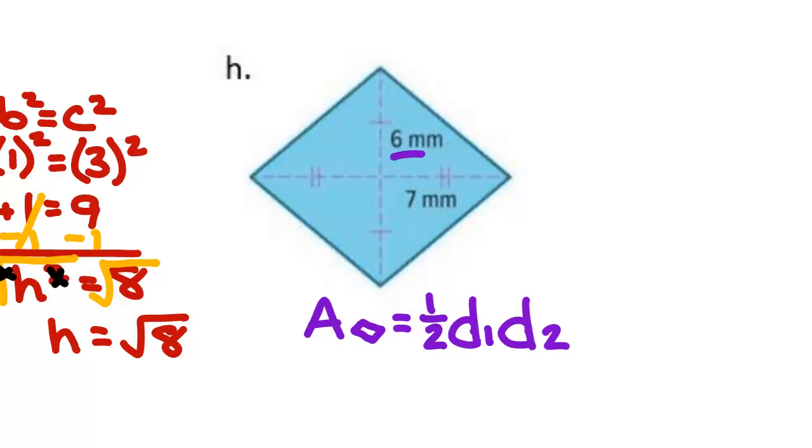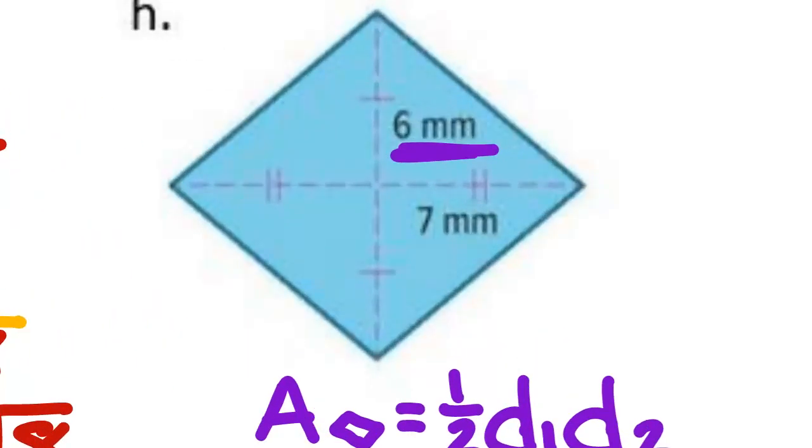But that's not what I have with this 6 millimeters and this 7 millimeters. 6 millimeters is the distance from here to right here. So how big would this section be? Another 6, yes.